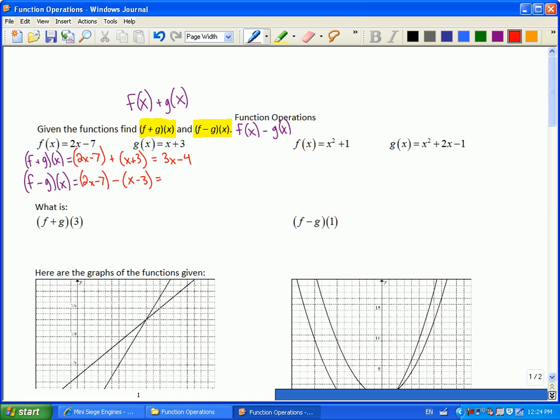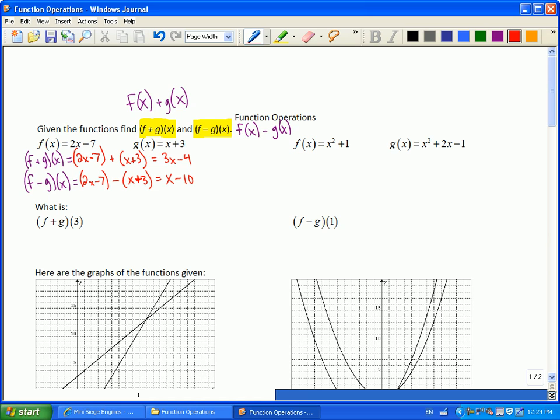With subtraction, it's helpful to remind yourself you're subtracting both x and 3, because sometimes people don't write the brackets, and then they've made a mistake because it should be subtracting 3 as well. So 2x minus x is just x, and minus 10. That would be the new function here.